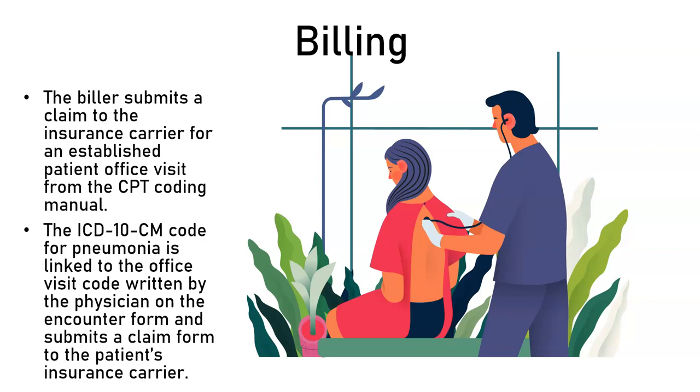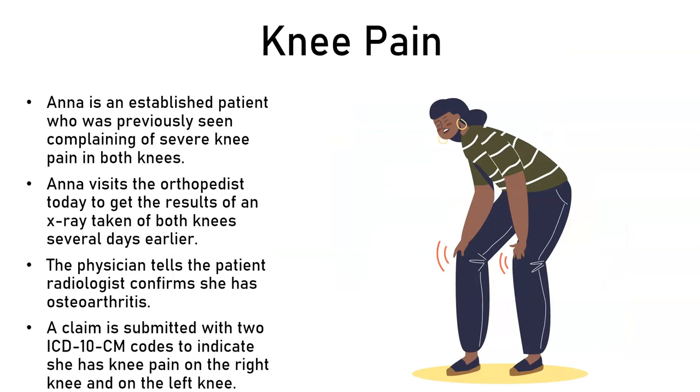Anna is an established patient who was previously seen complaining of severe knee pain in both knees. Anna visits the orthopedist today to get the results of an X-ray taken of both knees several days earlier. The physician tells the patient the radiologist confirms she has osteoarthritis.